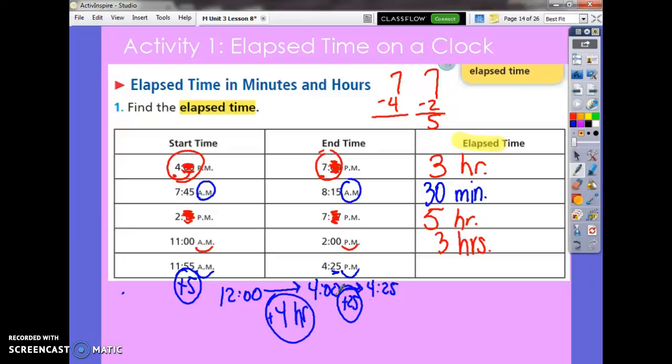Okay? So this is kind of like a shortened number line that we can use to help us solve these elapsed time problems. So I can add the 5 minutes plus the 25 minutes, which is going to be 30 minutes, plus the 4 hours. So I have 4 hours and 30 minutes.